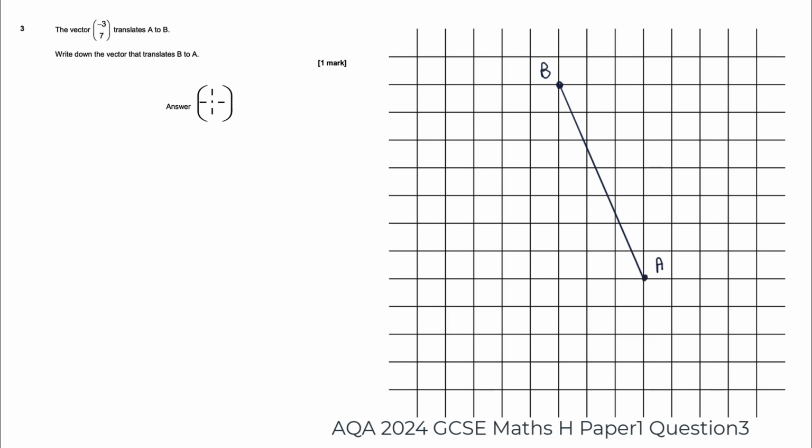So to get from B to A, 3 along, 7 down. And you'll notice that they're the negatives of the components we started with. The x component was -3, it's now the negative of -3, it's +3, and the y component 7 is now the negative of that.